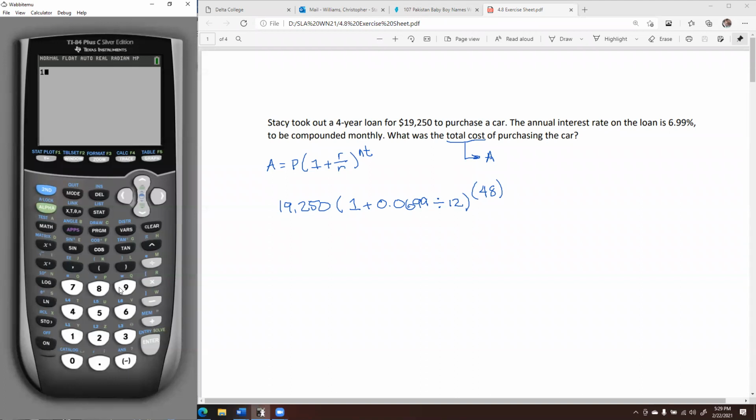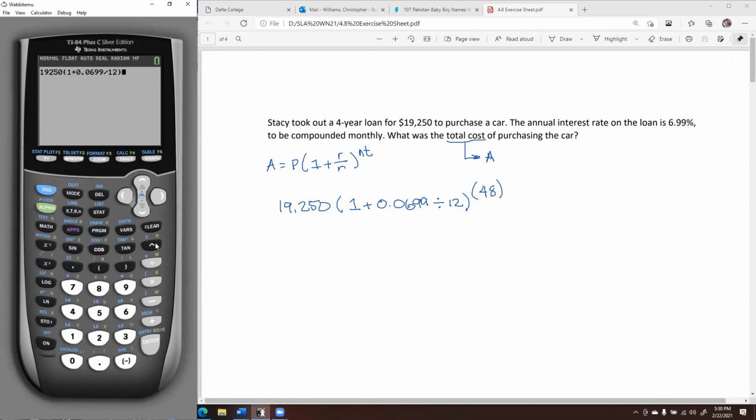So we're going to enter $19,250 times the quantity 1 plus 0.0699 divided by 12. Now we're going to close our parentheses.